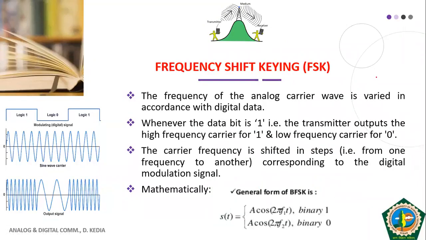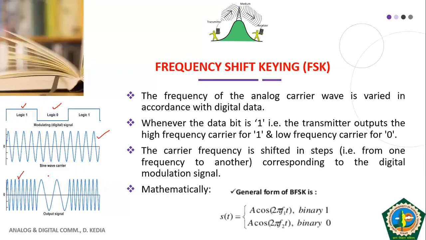So after we have discussed ASK in detail, now our job is to discuss frequency shift keying, that is FSK. As I told you, in frequency shift keying, whether my signal is 1 or 0, the frequency of my carrier will be shifted. So during 1, I'll have carrier frequency F1 present.